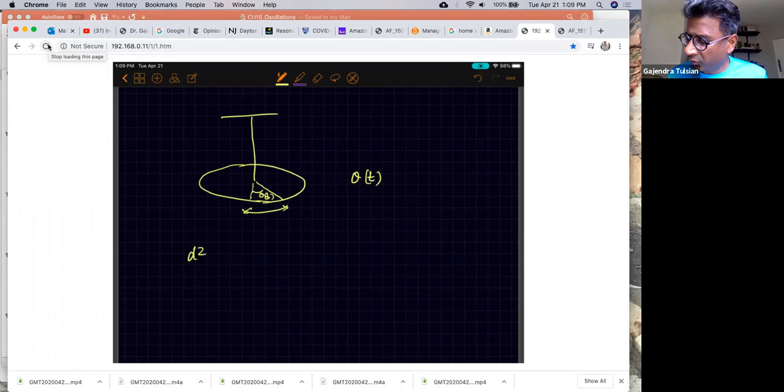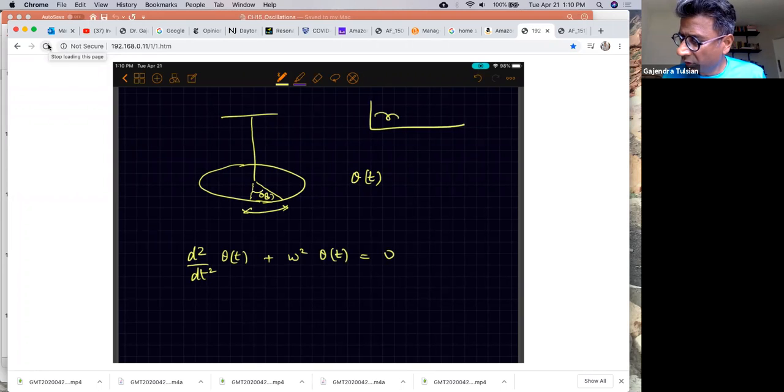And what you saw was the differential equation governing theta is exactly similar to that for the spring-mass system. So here is a system that looks totally different from that system, and the differential equation governing the behavior of the two systems is exactly the same.